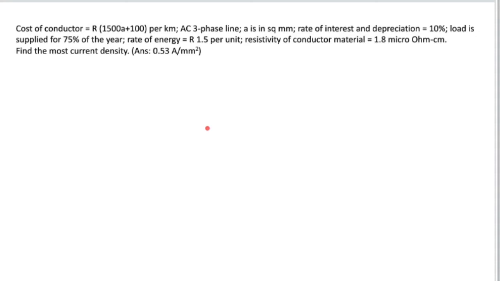What is taking time now? It should not take more than a minute to get this answer, 0.53.